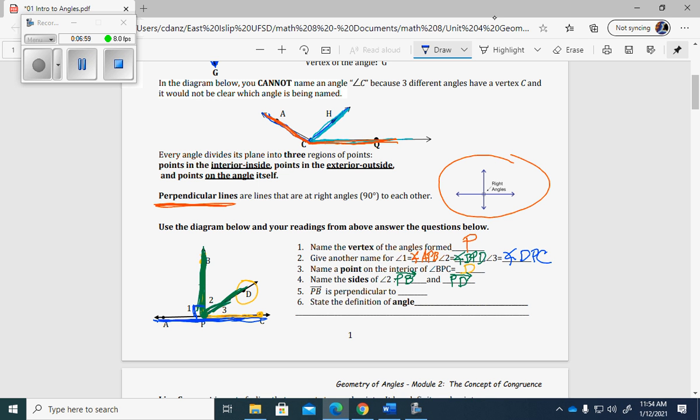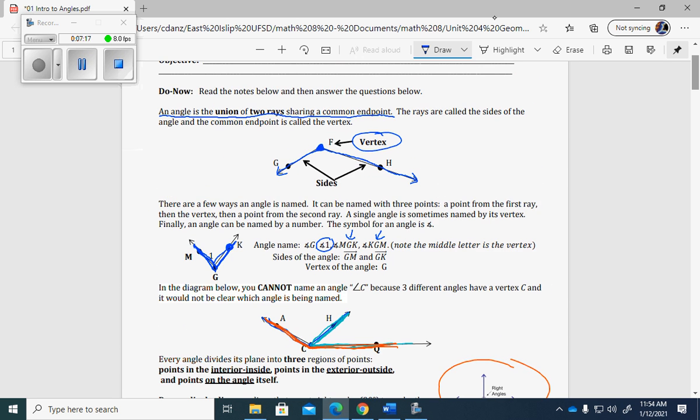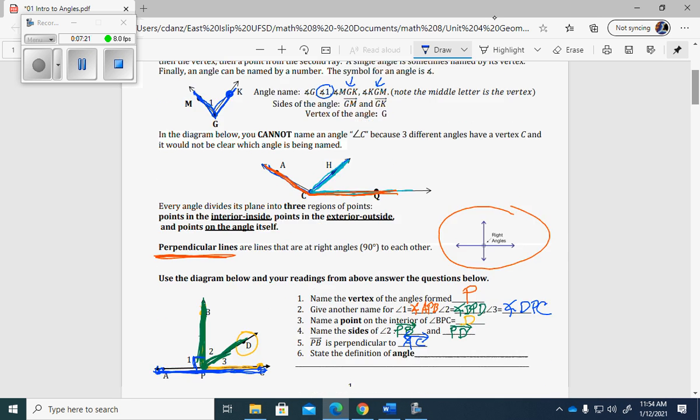So that line on the bottom is AC. You go from a letter at one end to a letter at the other end. It is a line now. It's got arrows at both ends. So a line symbol has arrows at both ends. And the definition of an angle was written up above. Remember that an angle is the union of two rays sharing a common endpoint.